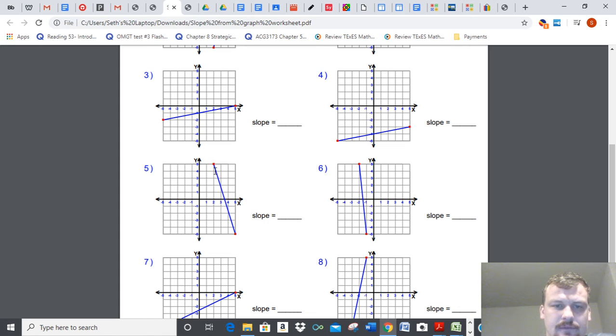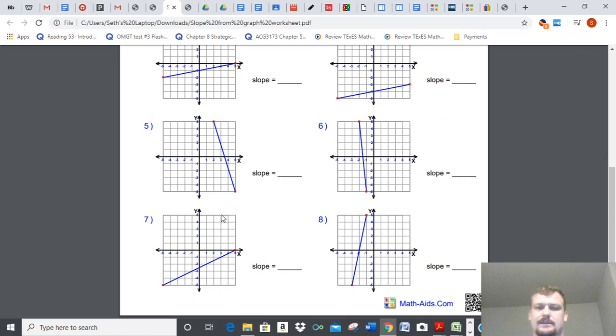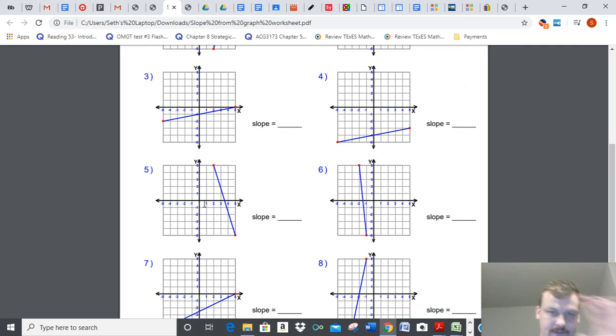See how this one's running through, it's not a perfect ordered pair. Anyway, let's do number 5. Start at your lowest point. From this little red dot right here, we count up 1, 2, 3, 4, 5, 6, 7, 8, 9, 10. So our rise is going to be 10.